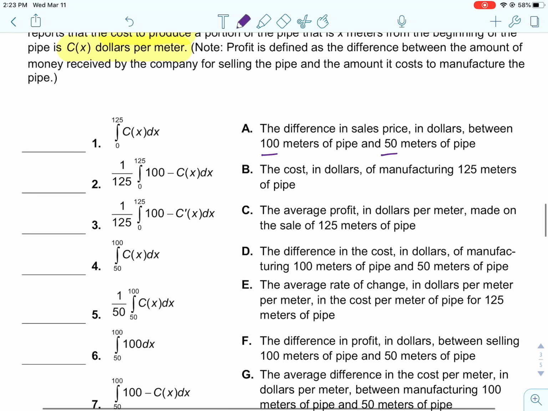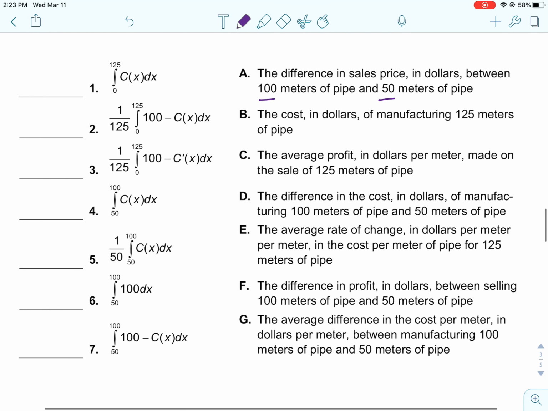And then we are talking about the difference in 100 meters and 50 meters. So those are going to be your upper and lower limits. So what do y'all think? Which integral? 4. Well, 4 doesn't have the 100. I think 7 is more about profit, so it's going to be 6. We're only talking about the sell. We're not talking about the cost on this one.